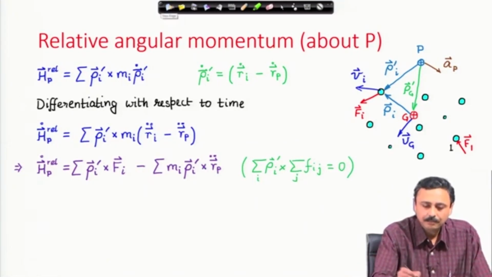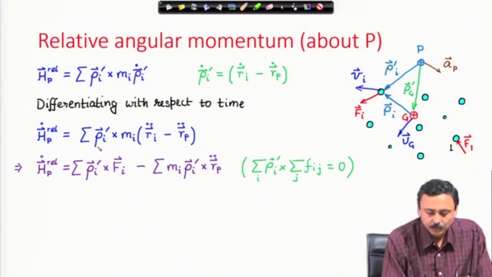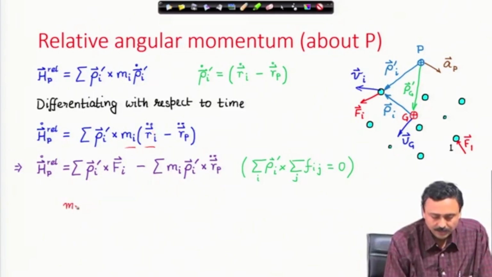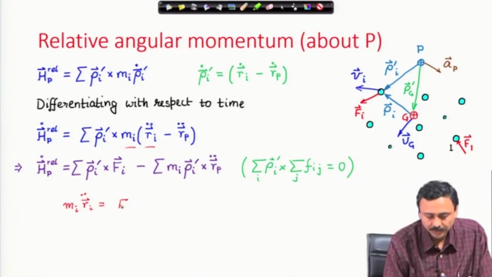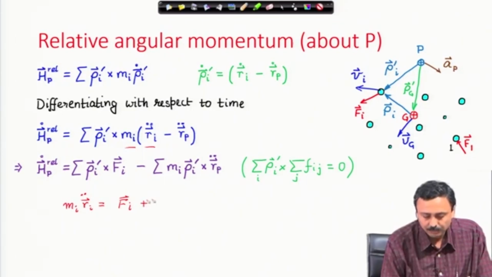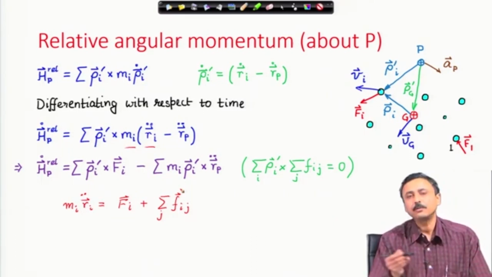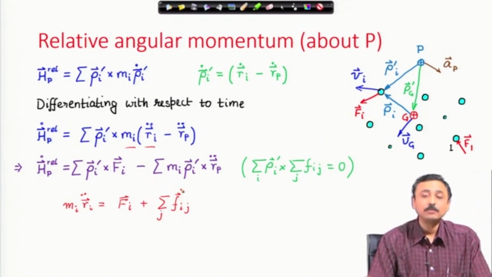Now, I make this step which I will explain. For the first term, rho_i cross m_i r_i double dot, recall that m_i r_i double dot is equal to F_i from Newton's second law for the ith particle, the net force acting on the ith particle, plus the summation over j of the internal forces from the other n minus 1 particles.